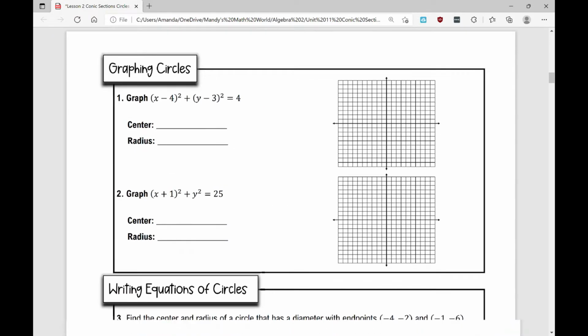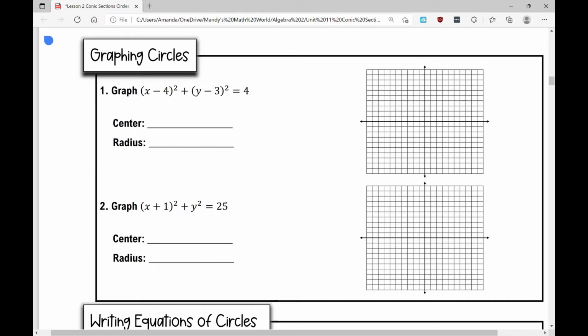We're going to work through these two problems right here where we're going to graph these circles on the coordinate plane. The first thing we're going to do is identify the center and the radius. Given this equation, (x minus 4) squared plus (y minus 3) squared equals 4, the center is going to be (4, 3).